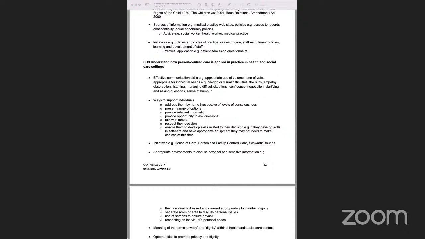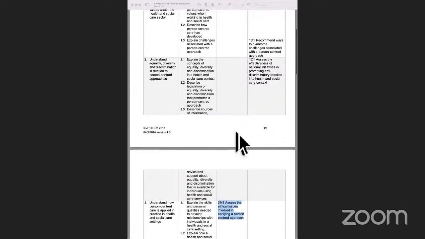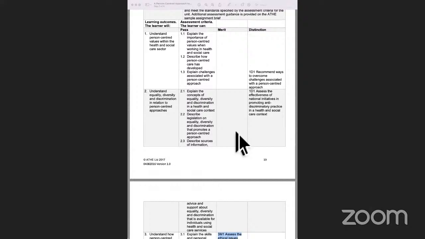So in the first 2 learning outcomes, we basically understood what the approach is. We understood how this approach came about, and then why certain rules, regulations, and legislation which have been introduced by the government over the years have become important in terms of making sure that this approach becomes a central core part of every service which is being provided by the health and social care worker.